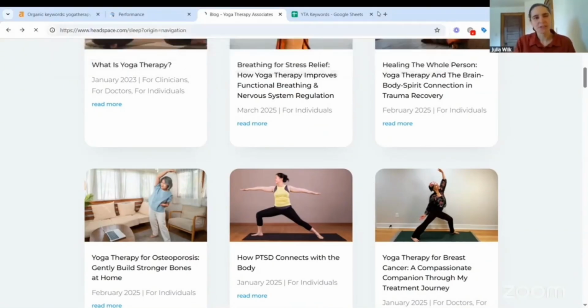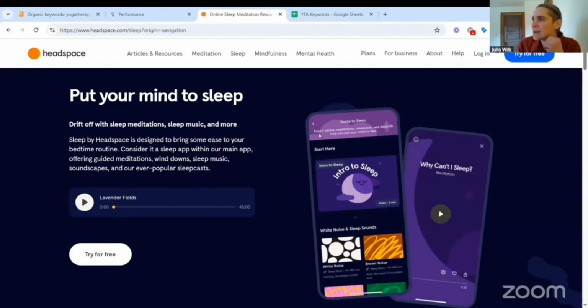Something I did send you is this Headspace as a good example. I looked at a lot of examples, and I would say it was a little hard to find one that does what you're doing structurally and that I think is good. There were a lot where I thought they could improve.